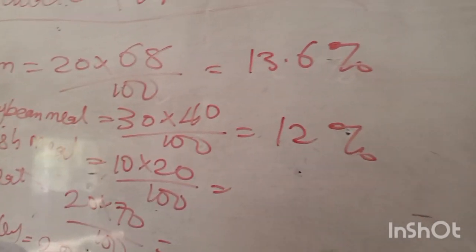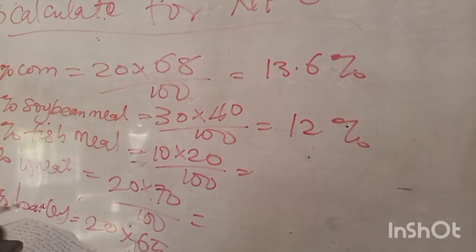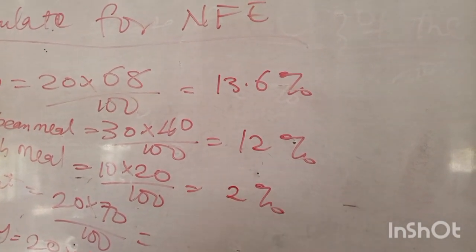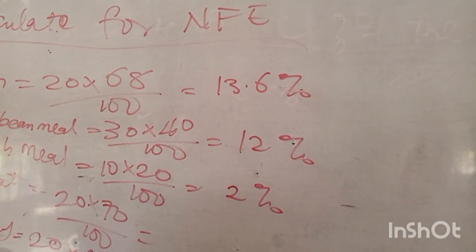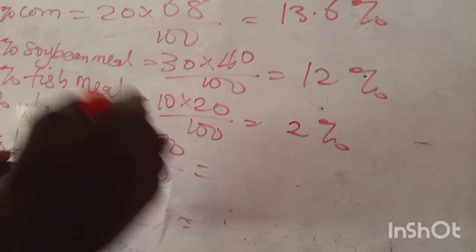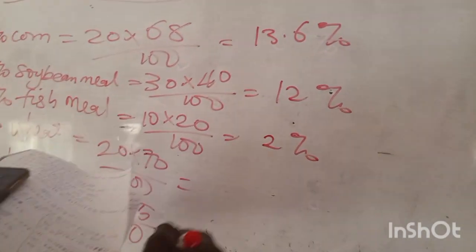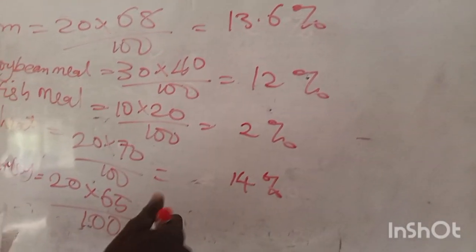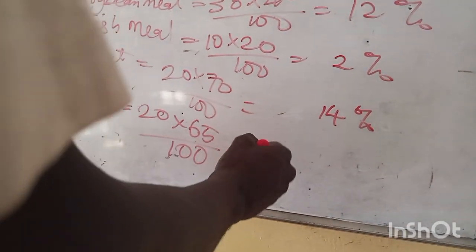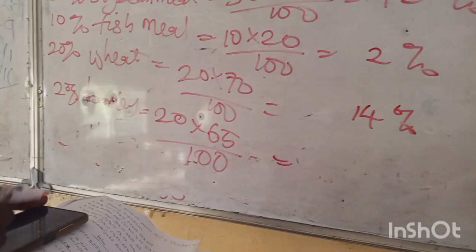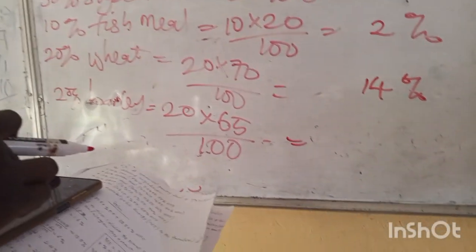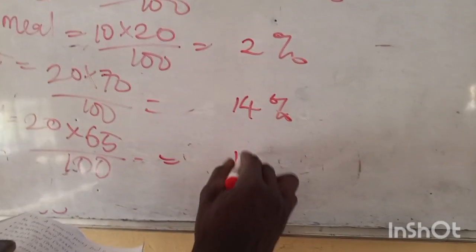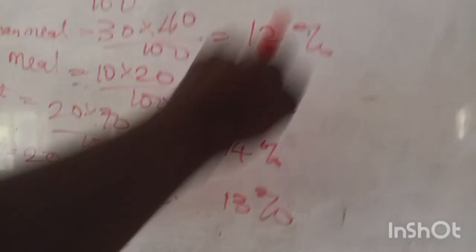Under fish meal, we have 10 times 20 by 100, which is 2%. We have 20 times 70 under wheat divided by 100. It's going to be what? 14%. Then for barley, 20 times 65 divided by 100 is going to be what? 13%.